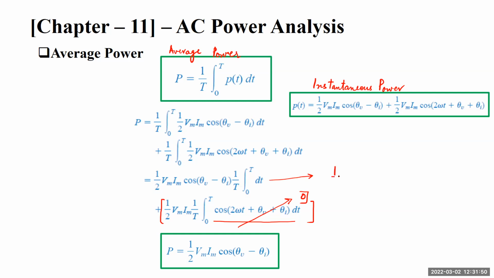If we integrate it, this will be Vm Im cos of theta v minus theta I, multiplied by the integration of 1 by T times (T minus 0). So this thing also comes out to be 1.